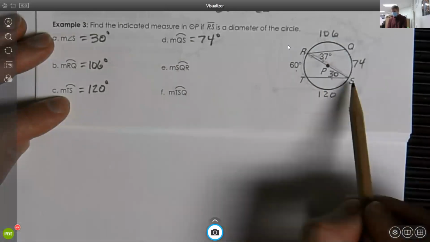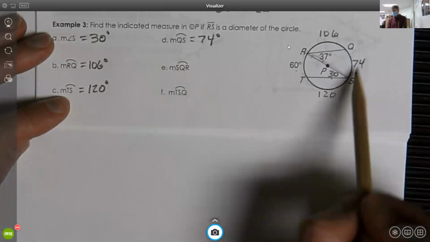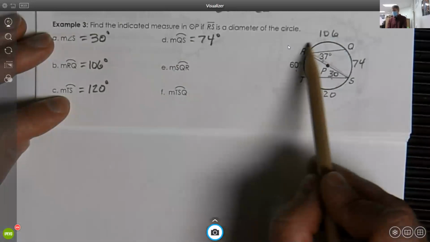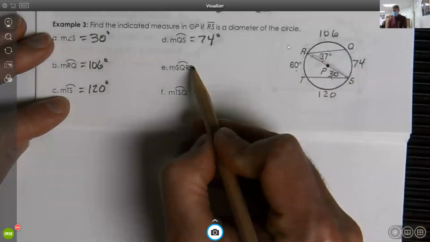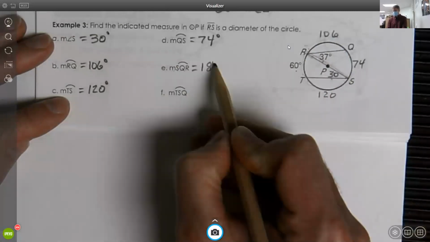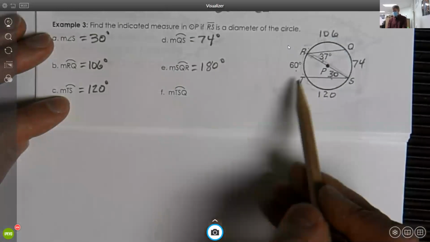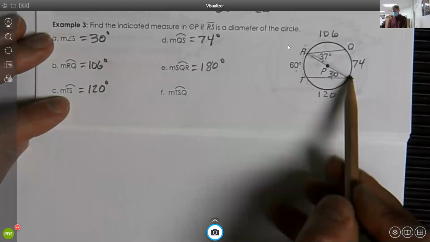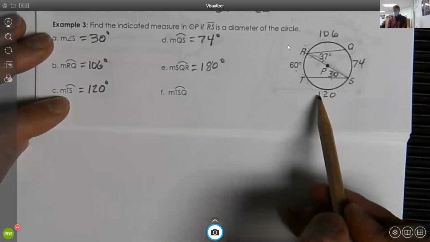SQR, that's half the circle. That's from the edge of the diameter to the other edge of the diameter. So that's 180. And then TSQ, that's going to be the 120 and the 74. That's going to be 194.